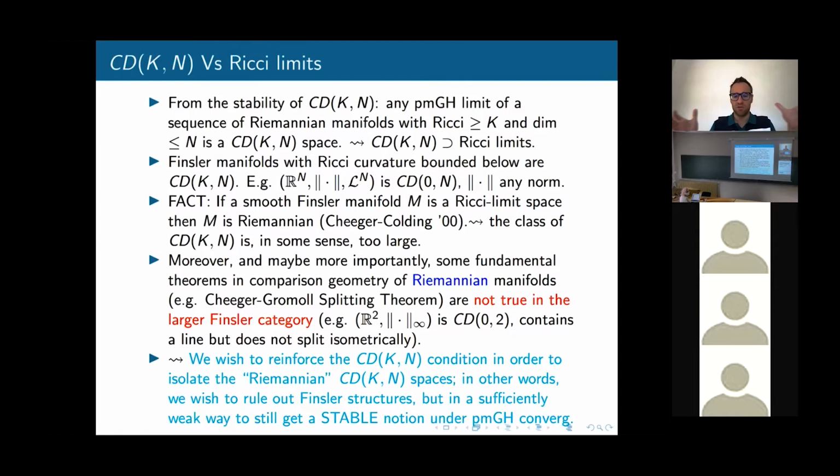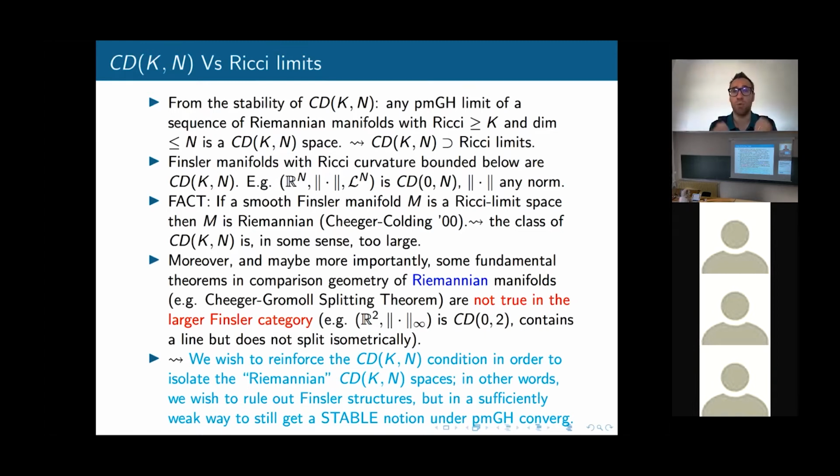Because if you restrict your space too much, for instance, you say, well, I just take smooth manifolds or smooth manifolds plus the Ricci limits, if you restrict your class too much, then your class may not be stable under pointed measure Gromov-Hausdorff convergence.